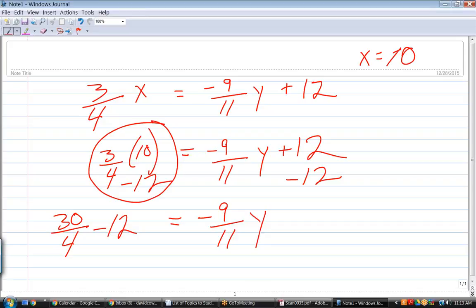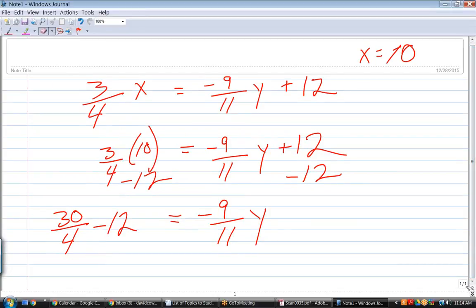Divide by -9/11 from both sides. Problem is that's going to make this fairly complicated if we don't reduce. Let's reduce it. Let's simplify. How do I simplify that? We could do 30 times -12 divided by 4.